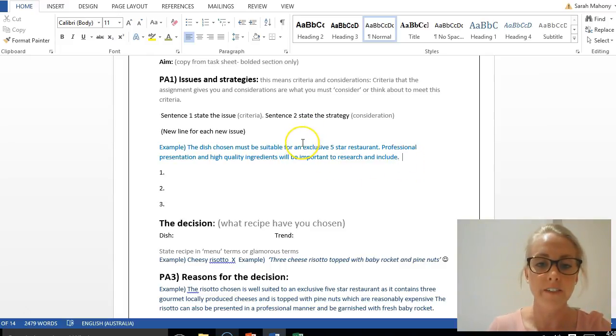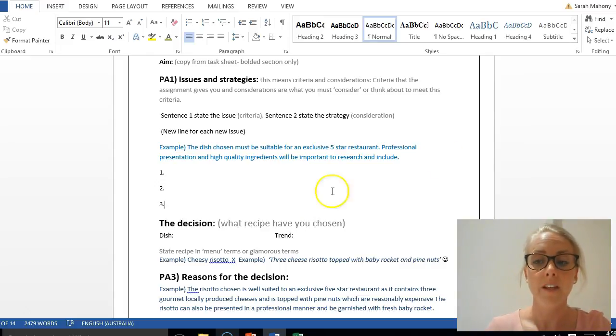Okay, so the first sentence is what the assignment tells us we need to do. The second sentence is what am I going to need to think about to meet that? All right, a new line for each of the different criteria that you identify. Now we'll make a point of saying that this section we will discuss in class. Okay, so this is something that we always brainstorm some ideas for together because it's the same for everyone. Everyone's doing the same assignment.